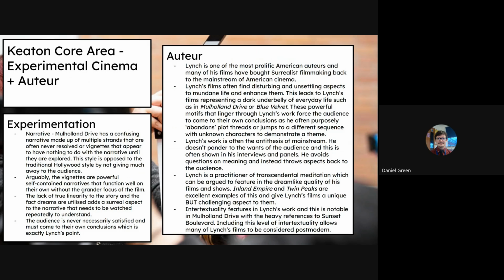Okay? And this comes out quite strongly in his interviews. If you've ever watched any of David Lynch's interviews, he gives absolutely nothing away, and that is purposeful. He is not allowing you to have his perspective, and when he does give it away, it's always incredibly cryptic, and it doesn't tell you the whole story.